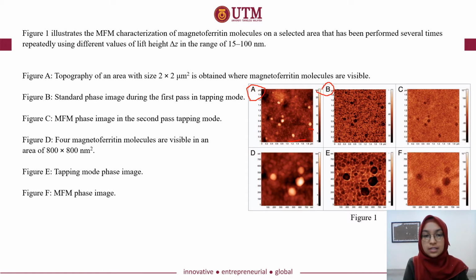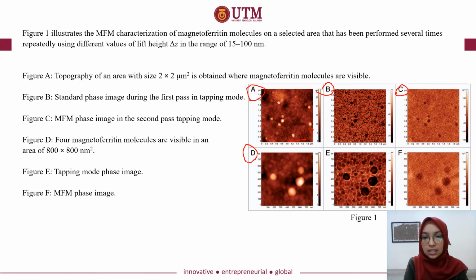it shows the standard phase image during the first pass in the tapping mode. In Figure C, it shows the MFM phase image in the second pass. Next, in Figure D shown here, we can observe that 4 magnetoferritin molecules are visible in an area of 800 times 800 nanometers square.